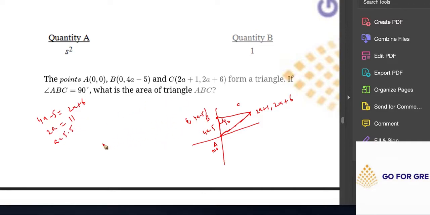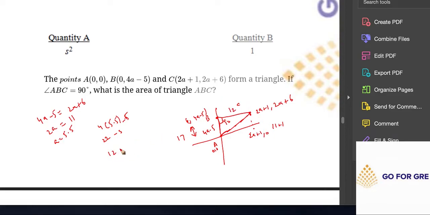So we plug in 4A: 4 times 5.5 minus 5. So B is 22 minus 5, so this side is 17. Now again put the value of A, 2A plus 1 is 11 plus 1, because this is parallel to this, so this point is (2A plus 1, 0), so this height is 12.